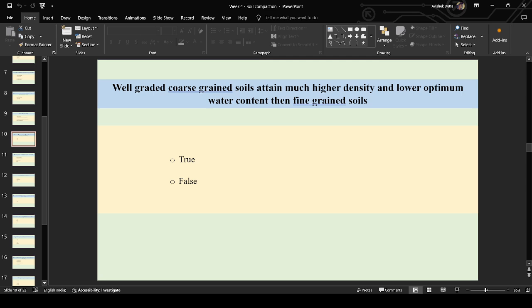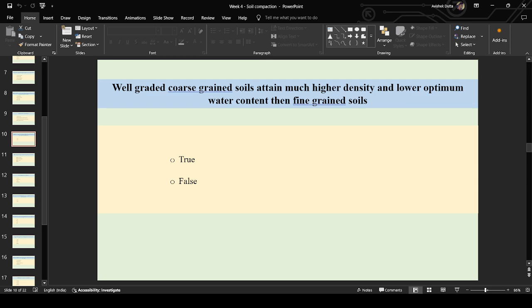Is this statement true or false? I repeat the statement.